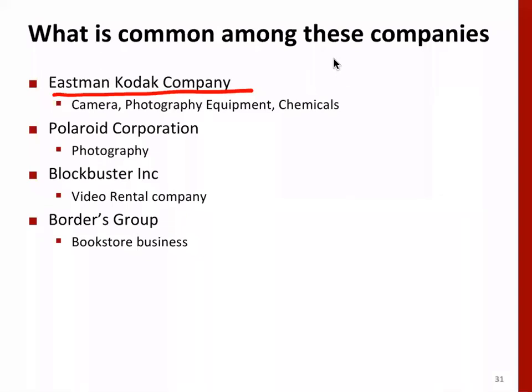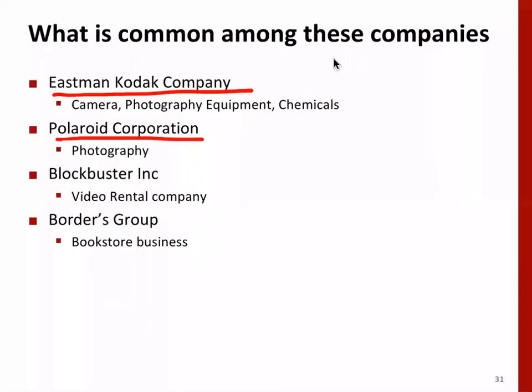Then Polaroid Corporation came with a technology wherein, usually 12 snaps used to come earlier. So you expose 12 films, take it to a lab, and then they process it and give you the print. Polaroid came up with a brilliant idea that you can see the photo immediately.